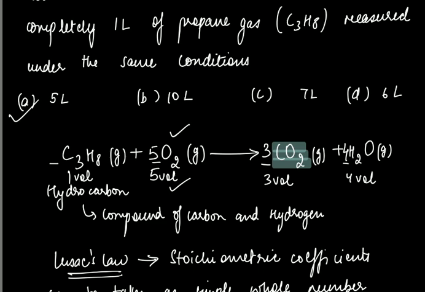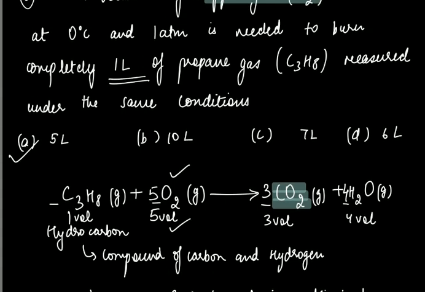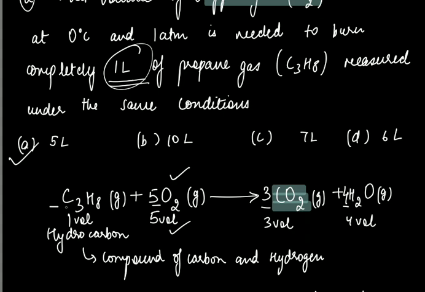So it's 5 liters, 5 volumes, or a simple whole number volume ratio. Since they are mentioning 1 liter, this needs to be 1. You cannot increase the coefficient, you cannot take this as 2. Without putting a coefficient of 2 over here, we are able to balance this.